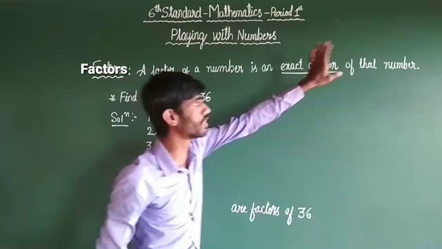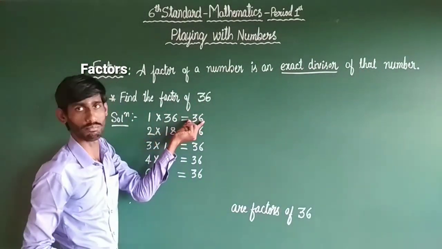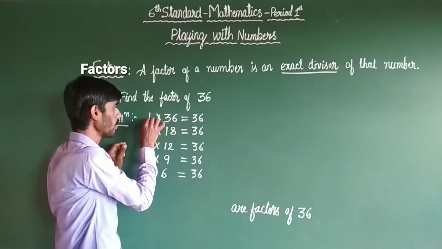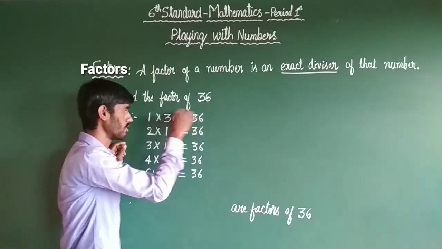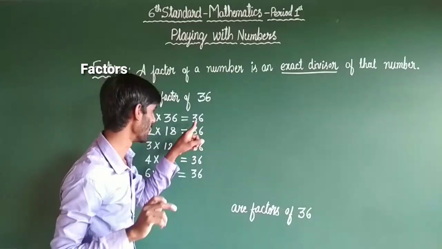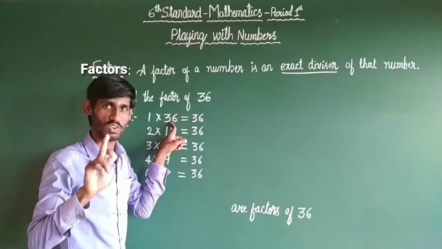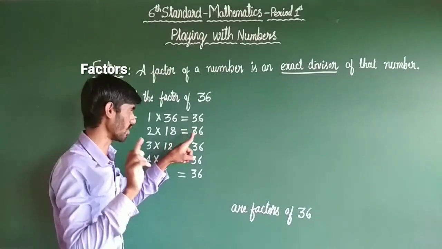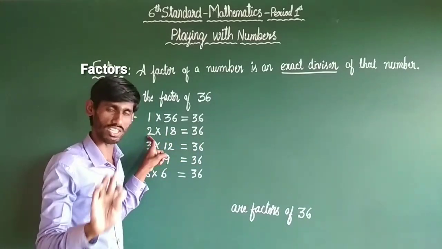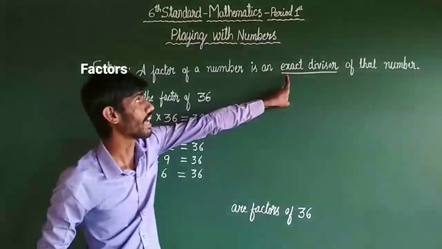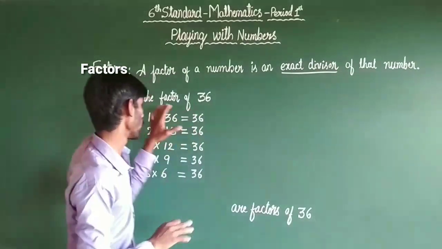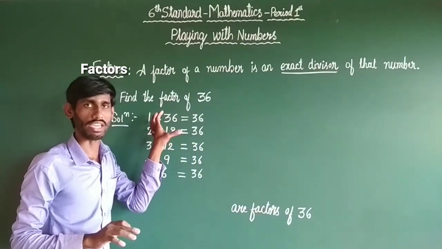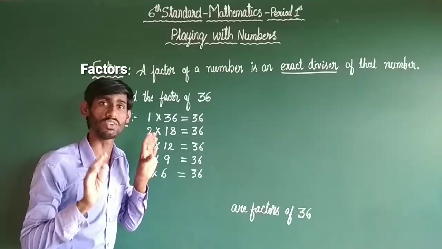If you divide 36 by 1, the remainder is 0. 36 divided by 36, the remainder is 0. 36 divided by 18, 36 divided by 2, the remainder is 0. That's why we call them exact divisors.